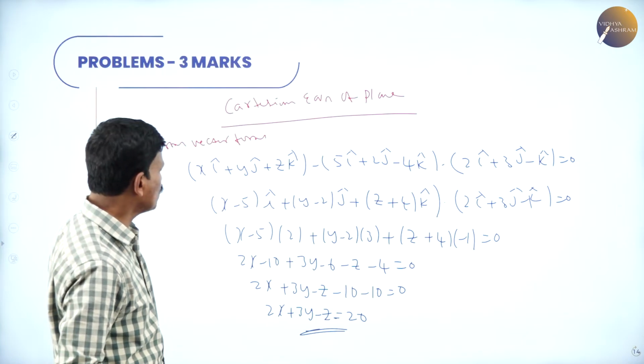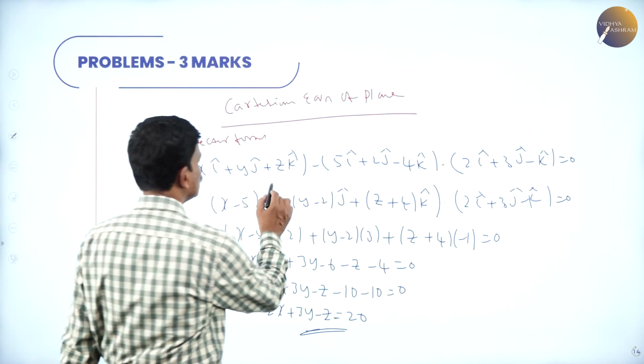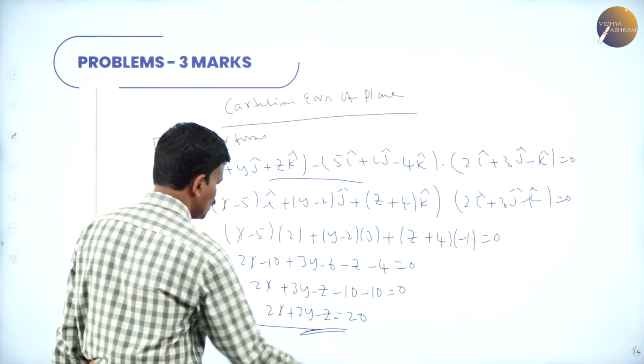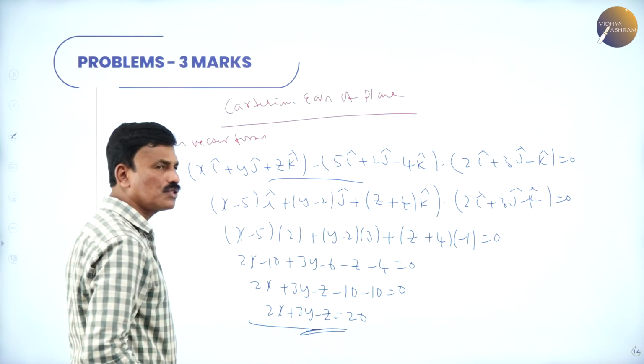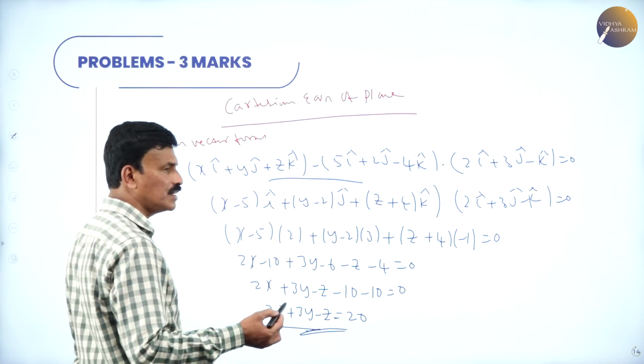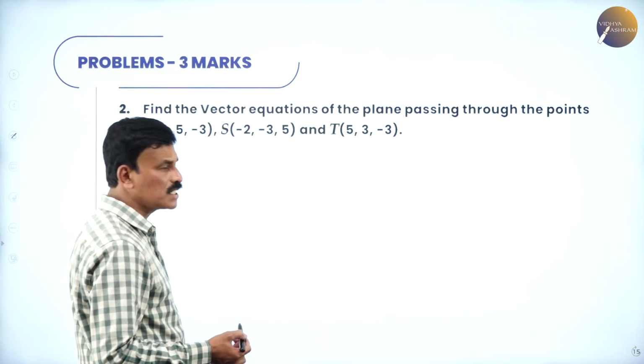This is the required equation: the vector equation as above, and the Cartesian equation is 2x + 3y - z = 20. Very important problem.